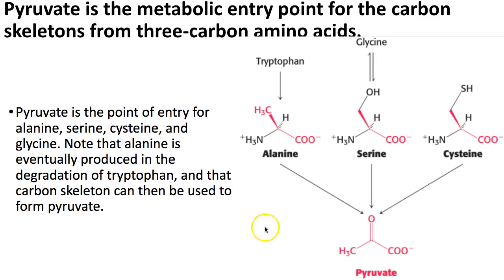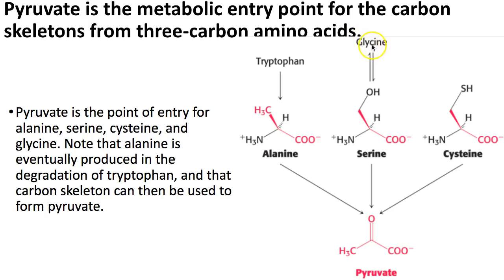So talking about the breakdown of some of the intermediates, we'll go through several reactions. Tryptophan can be broken down into alanine, which is broken down to pyruvate, and you see highlighted the carbon structure that correlates to the formation of this pyruvate.